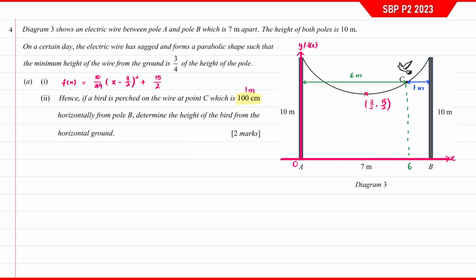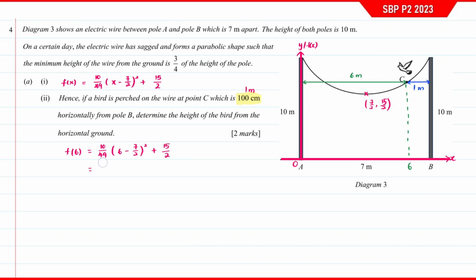To find the height, which is the coordinate y, we just need to substitute the x coordinate, which is 6, into the equation that we found in A1. So here we can write this as f of 6 is equal to 10 over 49 times bracket 6 minus 7 over 2 squared plus 15 over 2.